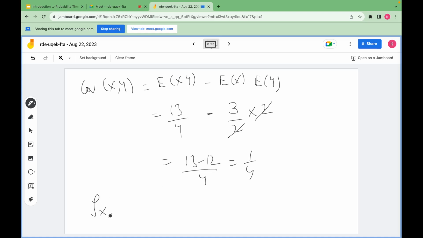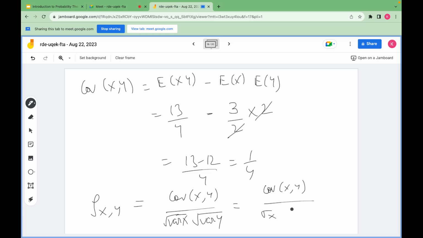The correlation will be covariance divided by sigma x sigma y, because sigma x square is the variance and sigma y square is the variance, so the root of the variance will be sigma x and sigma y.